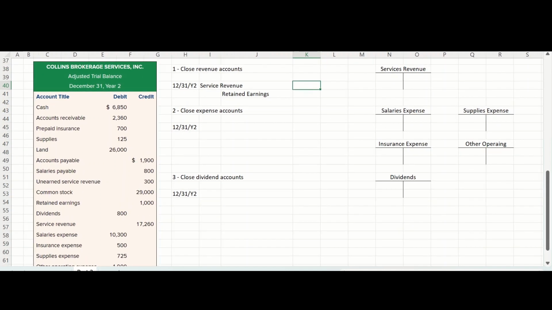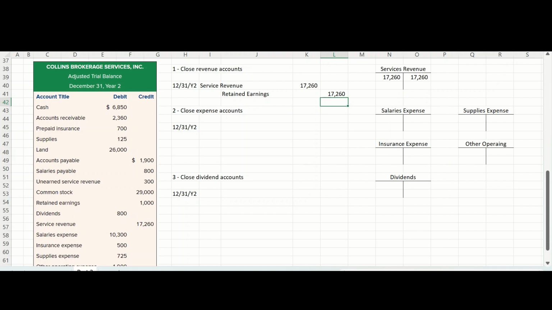The services revenue account now has a credit balance of $17,260. In order to close this account, we must debit it. So we have services revenue being debited for $17,260, and then that amount is going into retained earnings as a credit, as the normal balance of services revenue account, $17,260.